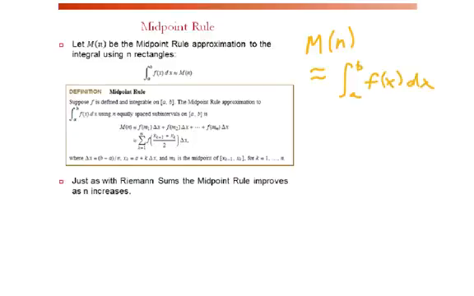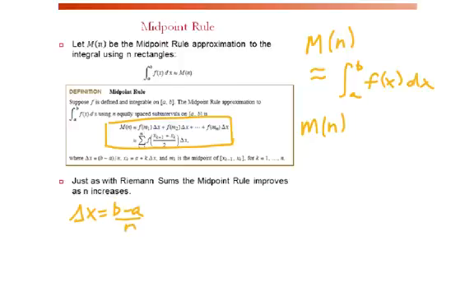And again, the rule is using the midpoint of the subintervals. You're finding the height of that rectangle, and then you're multiplying it by the width. You're using equally spaced subintervals. So again, delta x is equal to b minus a over n, and the midpoint. So you've got a sum, and we're going to let x of k be the variable we sum over, times delta x.